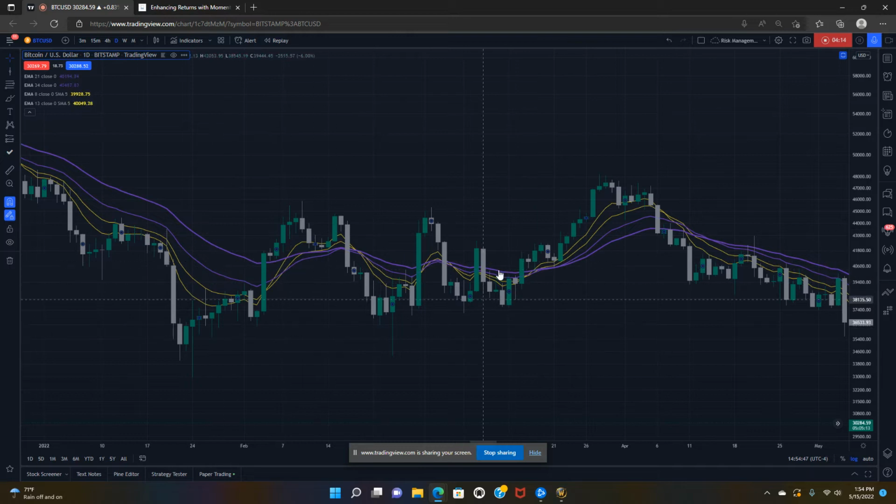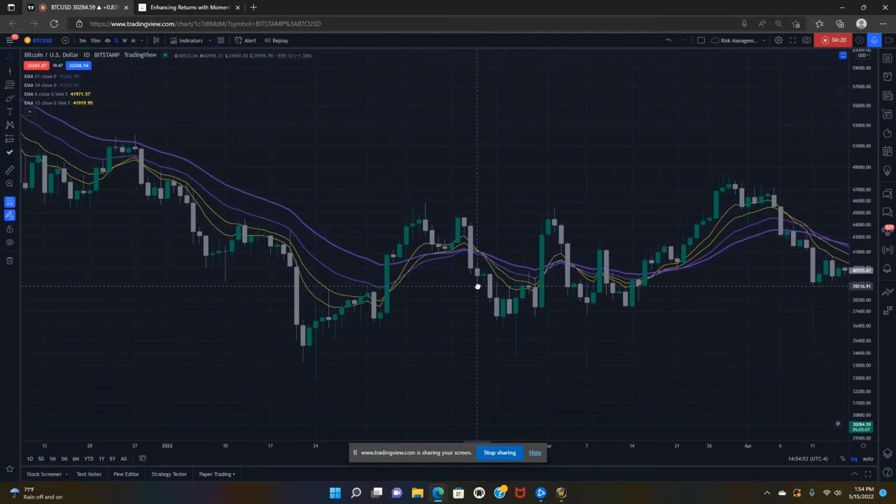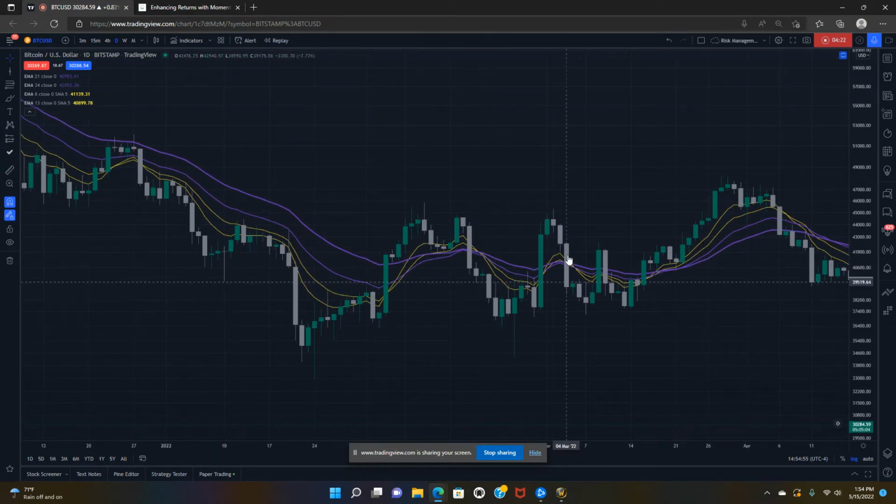Even here, you get this consolidation of volatility, and you also have to understand what's going on in the context of the market. Here you're in a consolidation period, and consolidation periods are where these EMA and momentum strategies are going to be the least effective because the market's just consolidating.